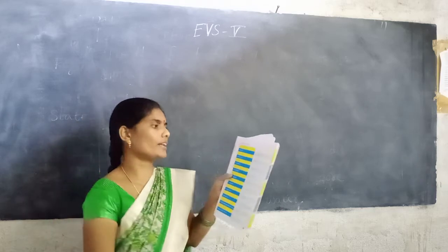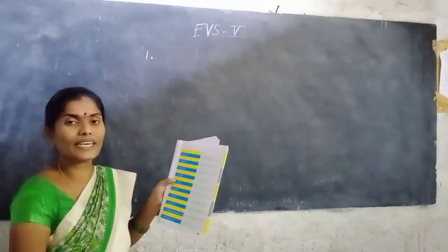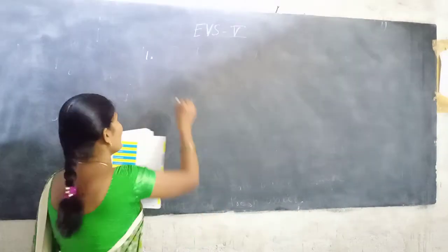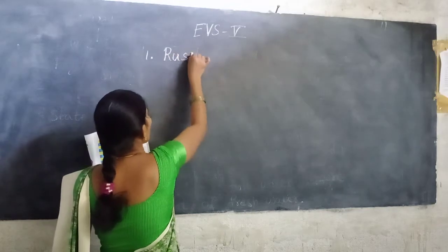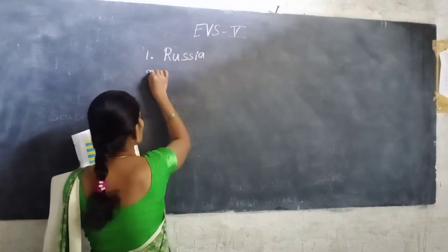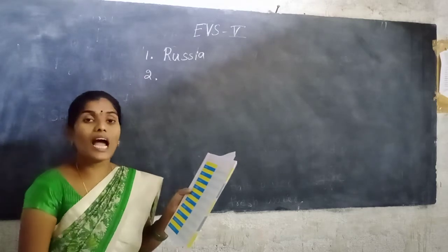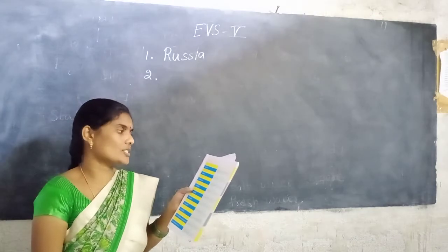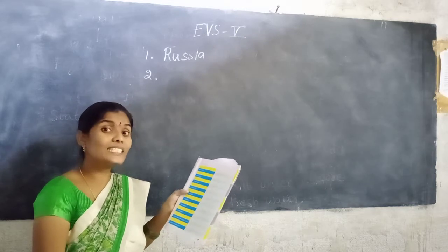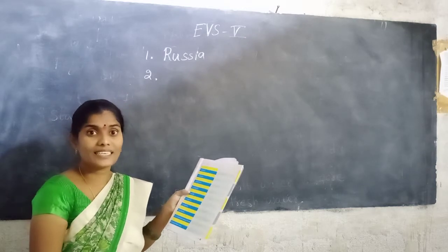Now next, take next quiz. The largest country, first one. What's the largest country? Russia. Russia is the largest country. Write down Russia. Next, island continent. Island continent is a continent, not a country.